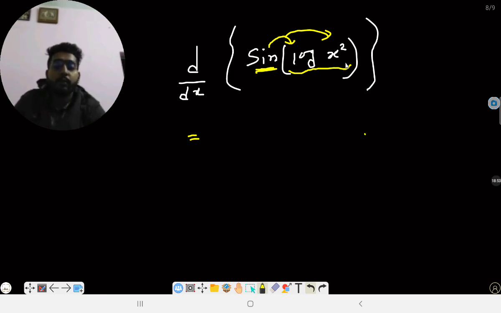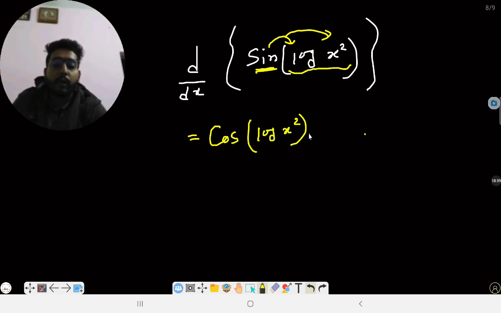Now what is the derivative of sine? We know the derivative of sine is cos, and we write whatever is there, log x square. Done. Sine is completed. Now go inside. What is the next term here? Log. The derivative of log is 1 by x, so inside log there is x square, so you write 1 by x square into, now log is done.